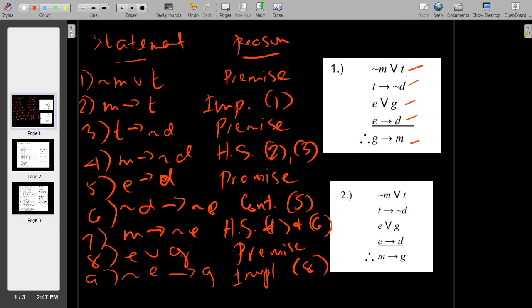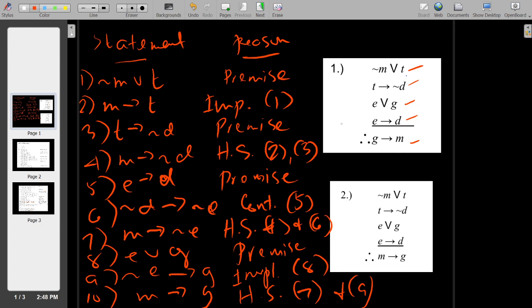E or G is logically equivalent to if the negation of E then G. And then our 10th statement, M implies G. This is hypothetical syllogism. If you check statement 7 and statement 9, you have M implies the negation of E, and the negation of E implies G, therefore M implies G.